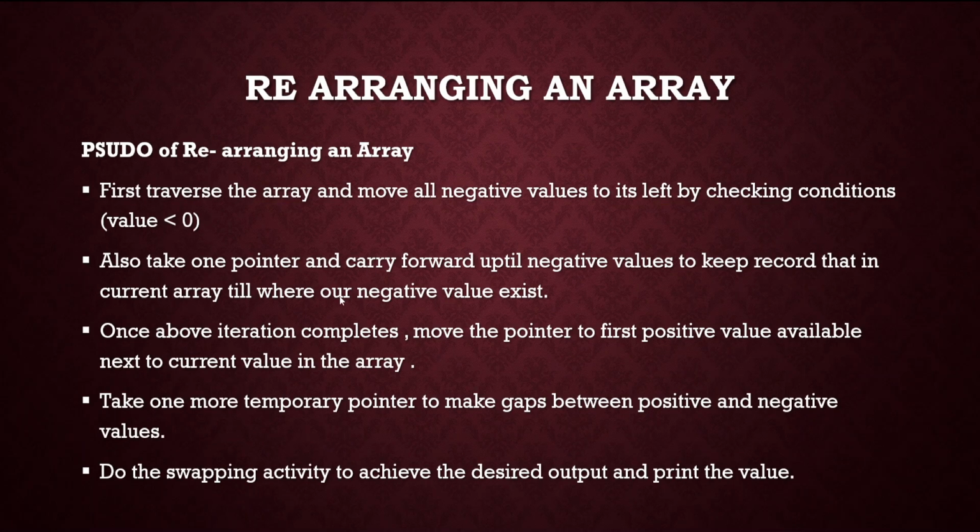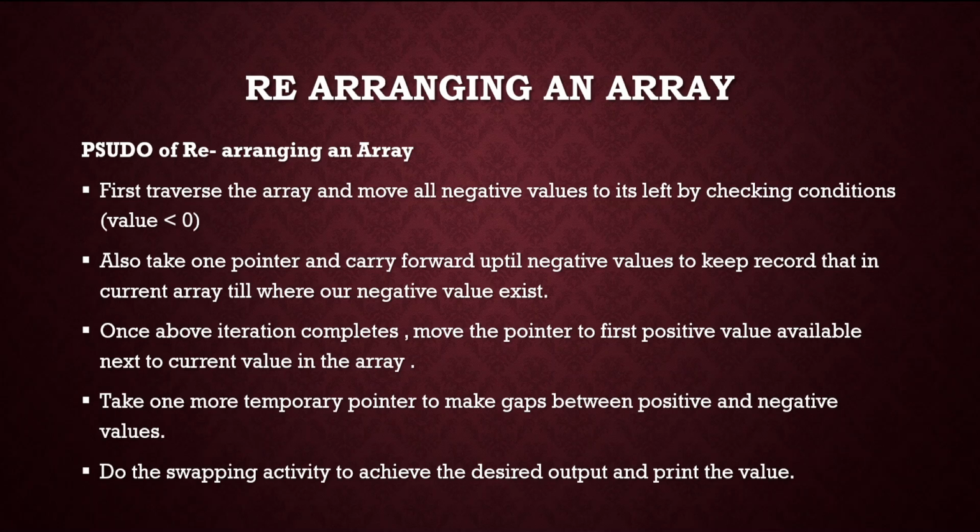So for that reason, I have taken one more variable. Once the above iteration is completed, move the pointer to the first positive value. Increment the current value, start value to its current value. Take one more temporary pointer to make gaps between positive and negative values, just to follow the two pointer approach and do the swapping to get your desired output.